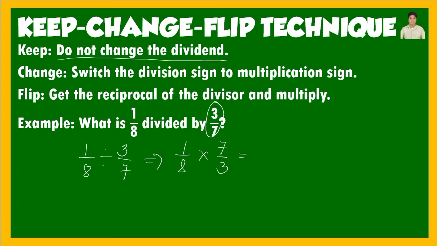So we just multiply both numerators and both denominators. 1 times 7 is 7, and 8 times 3 is 24. Our final answer is 7/24. That is how our technique works.